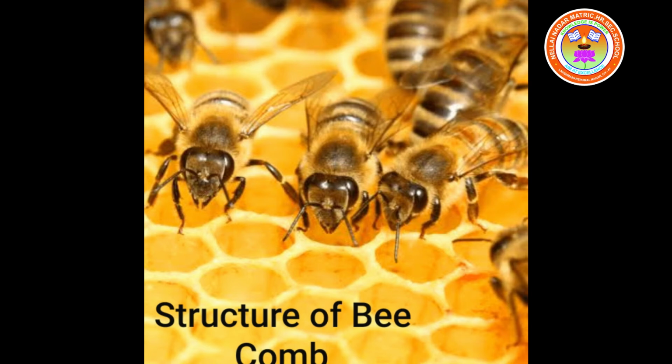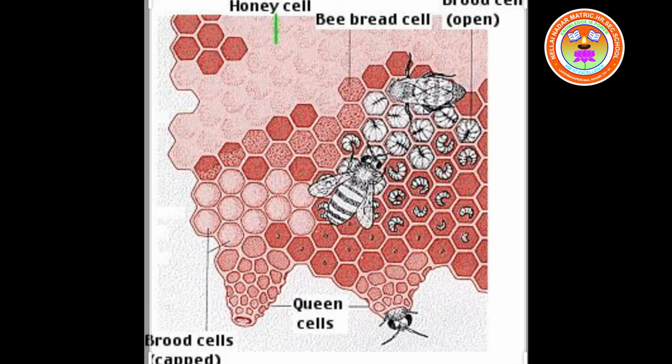How is the honey formed in the bee comb? Formation of honey. The honey bees suck the nectar from various flowers. The nectar passes to the honey sac.